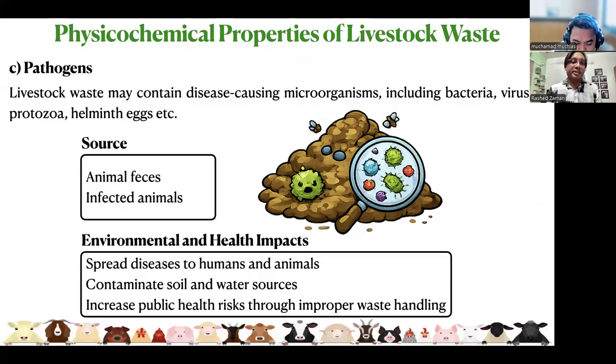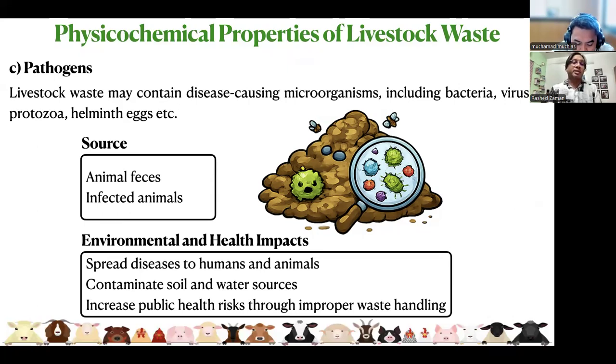It contaminates soil and water sources, because if the waste is not handled or stored in a proper management way, then from that waste, these pathogens can easily go to the soil and other nearby water sources. It increases public health risks through improper waste handling.